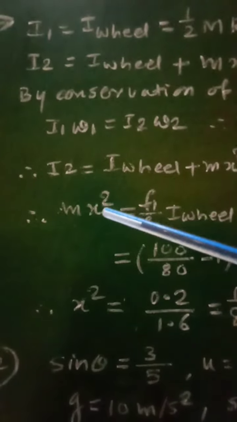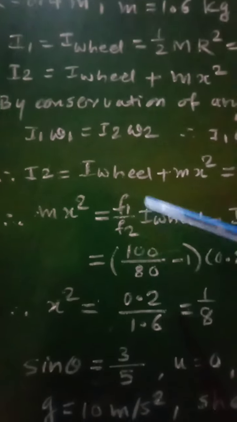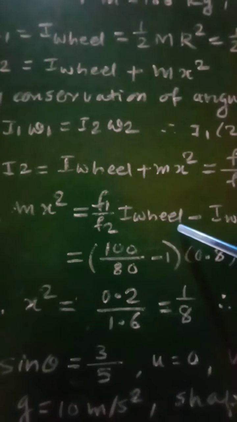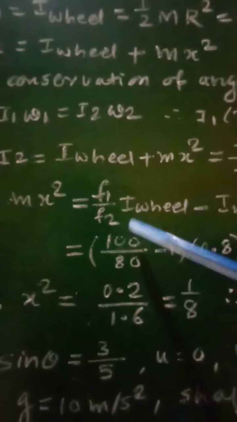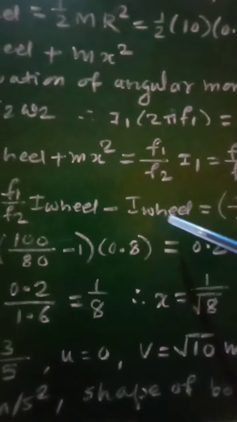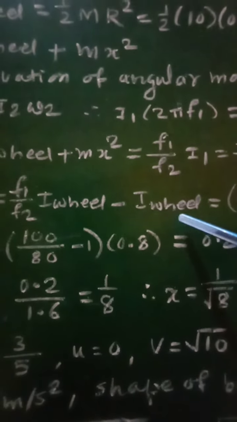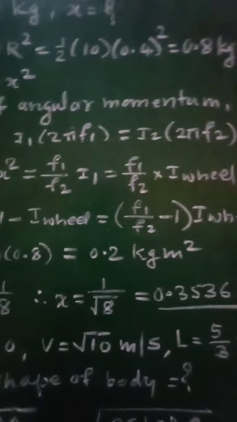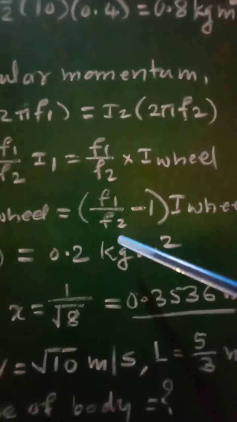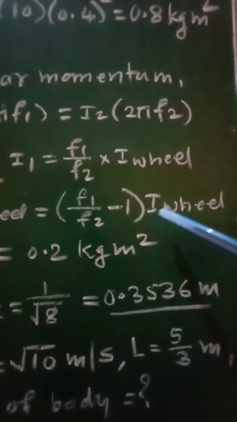Therefore we can write mx square equal to f1 by f2 into I fill minus I fill, which will be equal to f1 by f2 minus 1 into I fill.